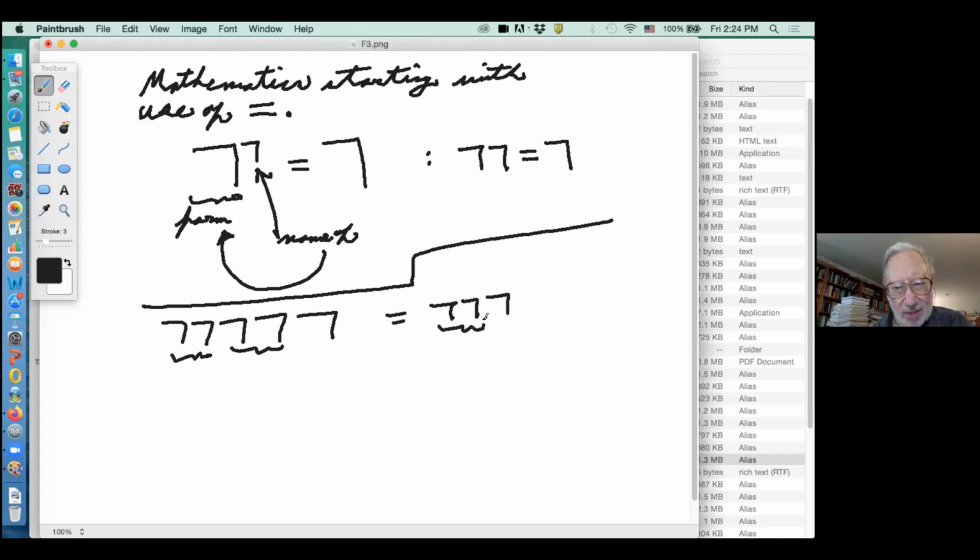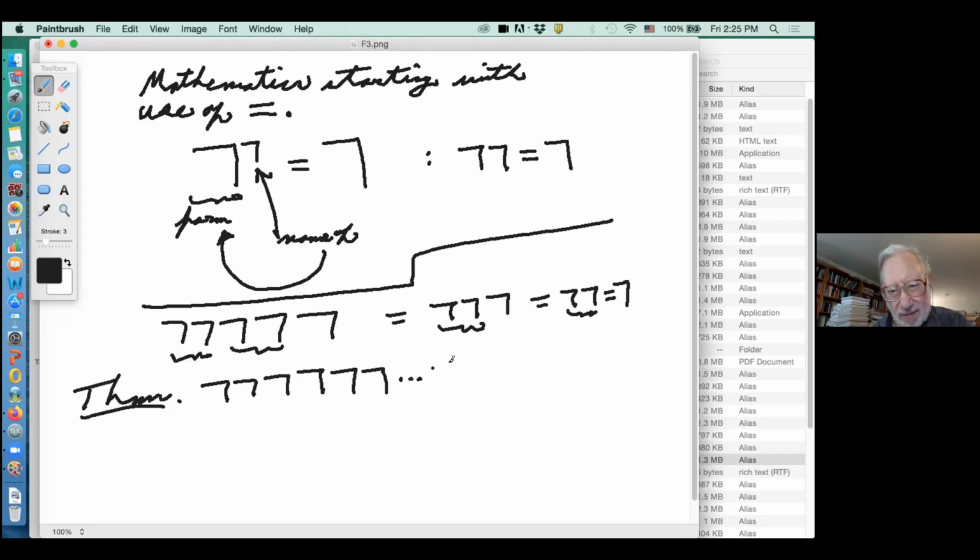But then there's another pair and that's equal to this. And then there's another pair and that's equal to this. And then you would have realized that you had arrived at a big theorem, which is that any big row of these whatsoever, finite row, and the notion of finite versus infinite has arrived here as well, will be equal to just a mark, right? And we've now done mathematics.